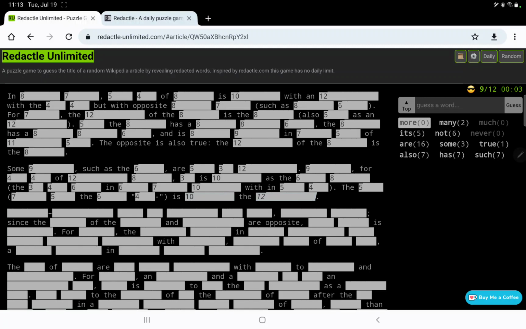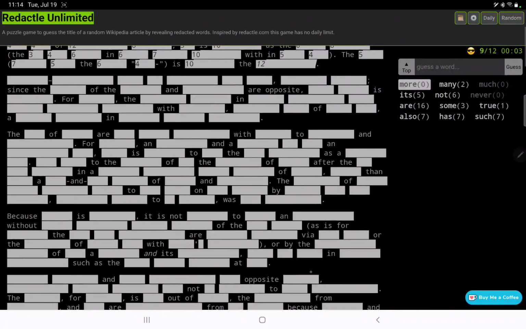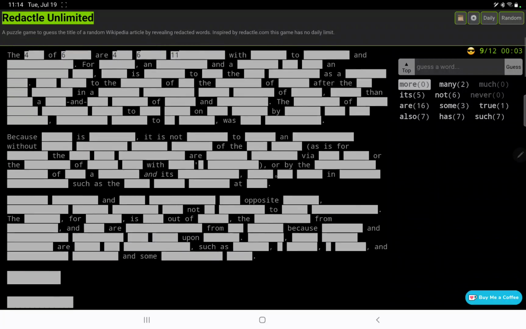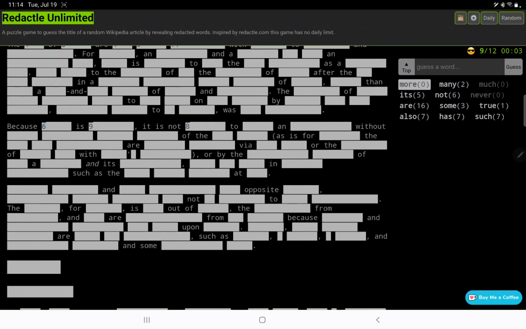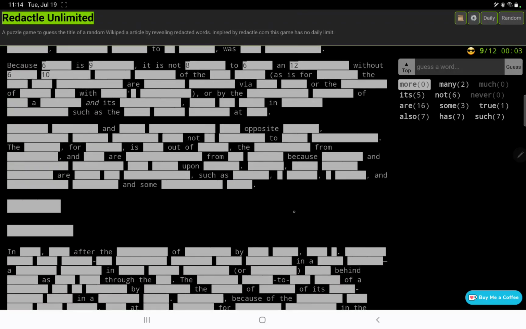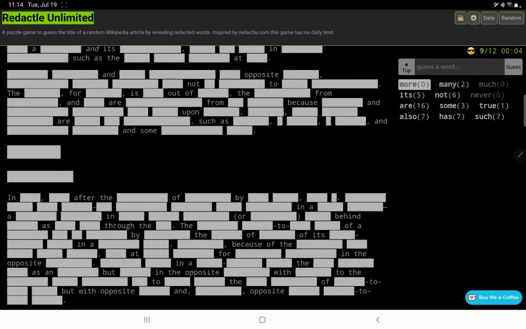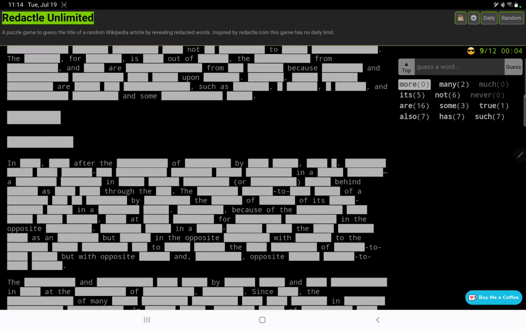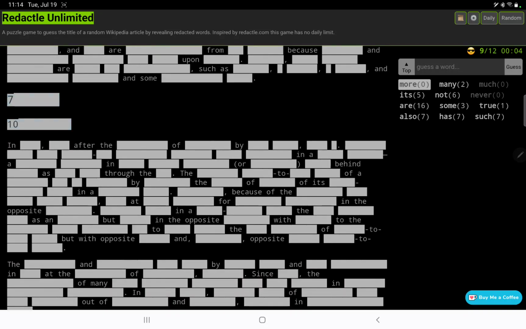Let's scroll down a bit, see if there's anything unredacted that might help us. The concept of opposite seems to be important in this article.